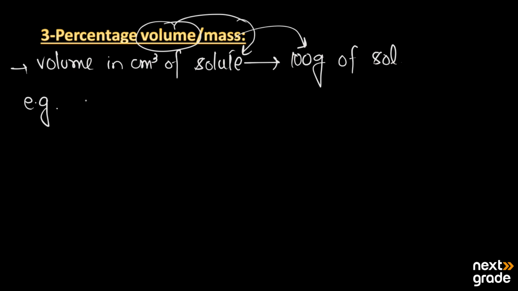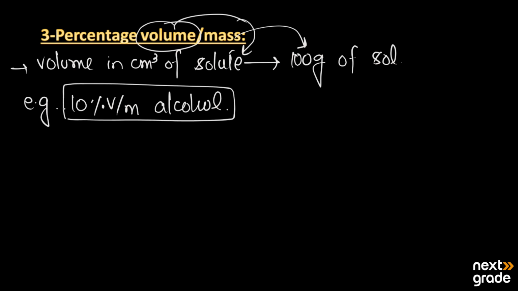The example for this: if we have 10% volume by mass alcohol, what does this mean? It means we have 10 centimeter cube of alcohol that is dissolved in water to make a total of 100 grams.